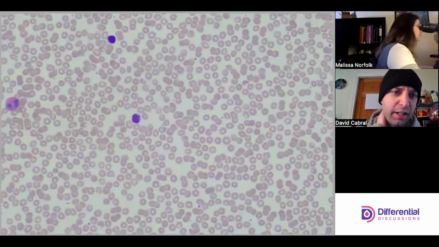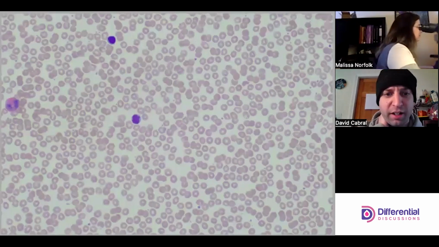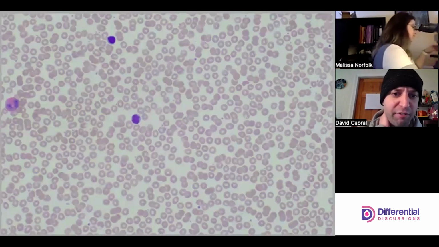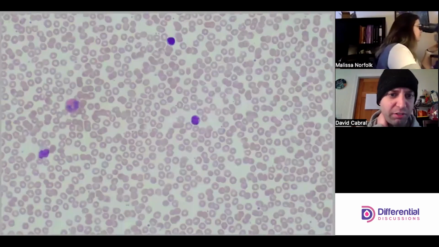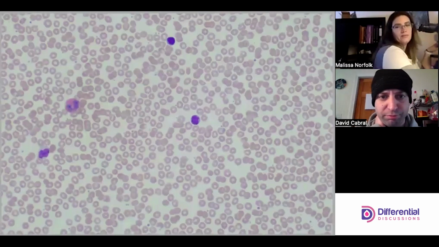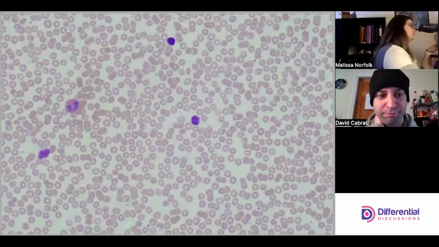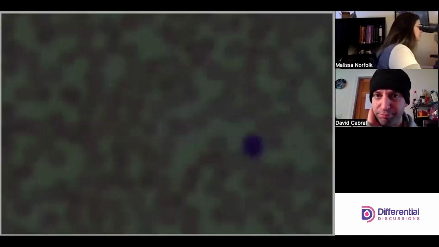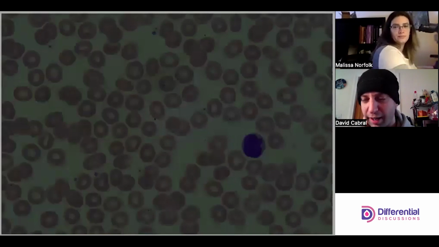Yeah. And could we jump the gun and go to oil? Because I kind of want to look at that lymph in the center-ish of the field, if you don't mind. Well, it's not perfectly round. Yes. So I noticed the nucleus has some clefts. Yeah.